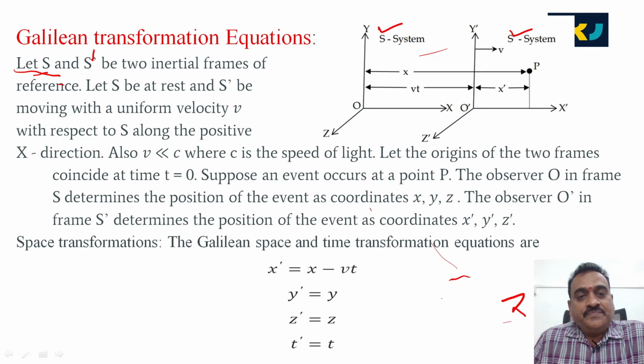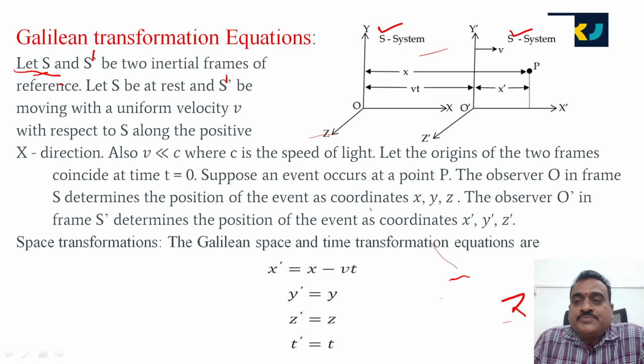Let S be at rest, and S dash be moving with a uniform velocity v along the positive x direction with respect to S.